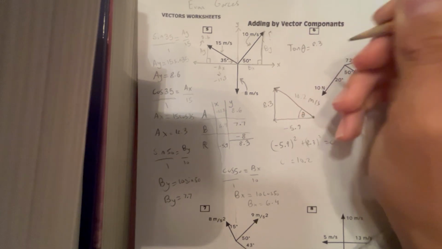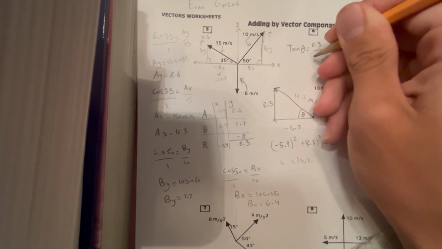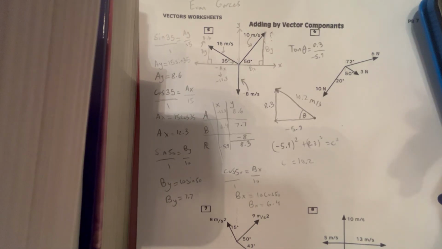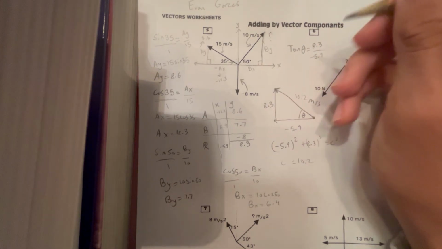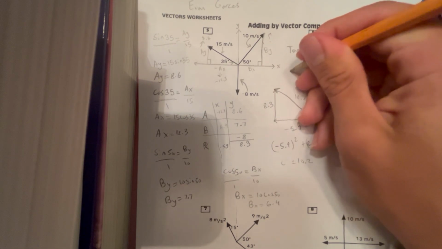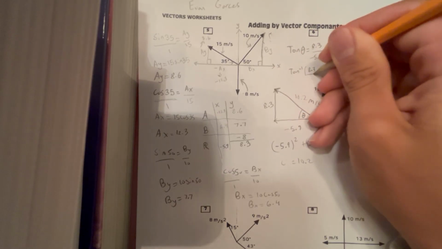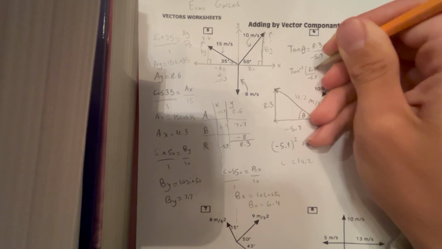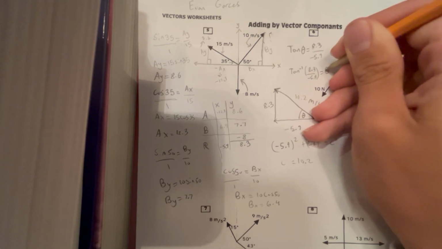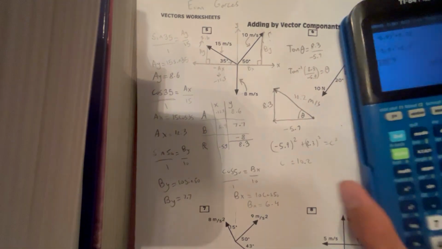Opposite of the angle is 8.3, and adjacent of the angle is negative 5.9. With tan, you have to do tan inverse, that's just geometry.